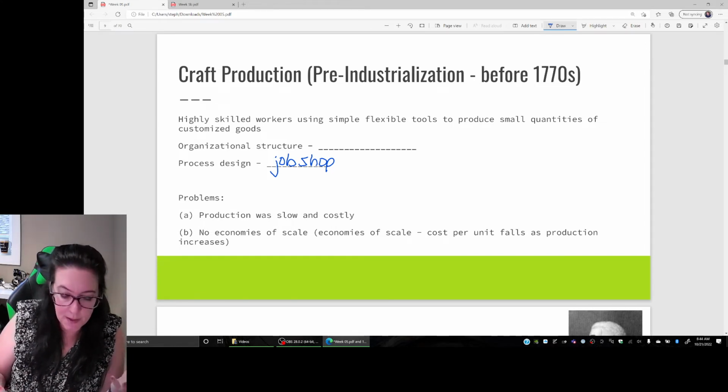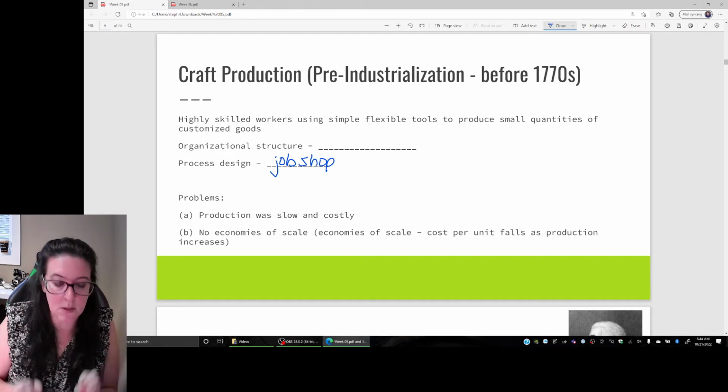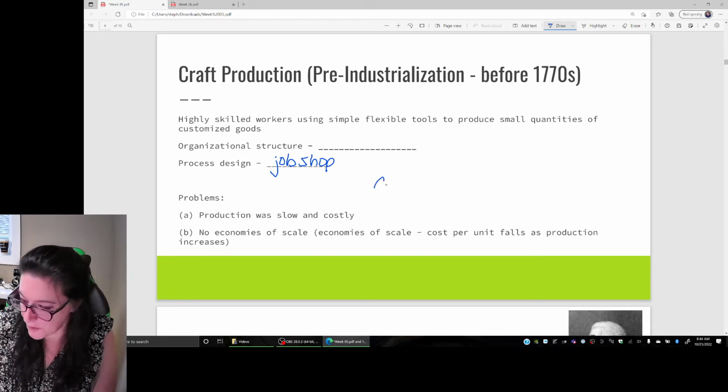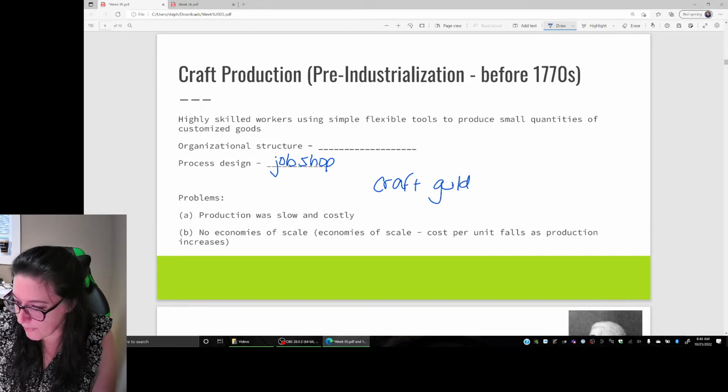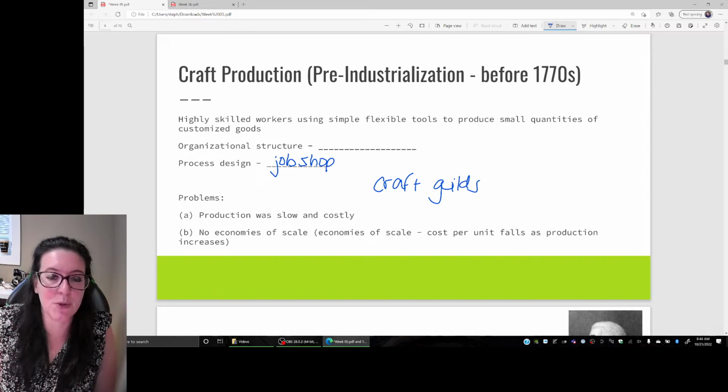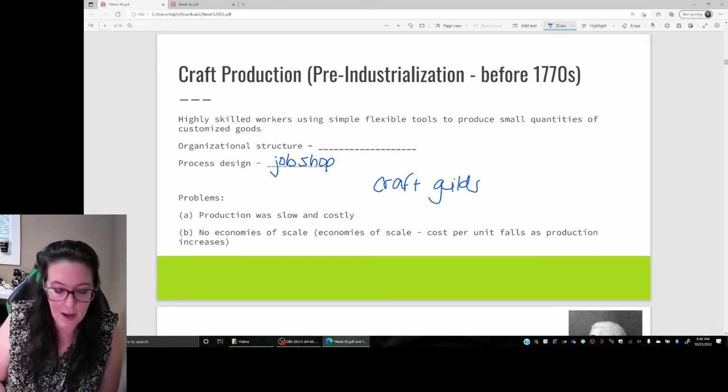Well, during this period of craft production, what we have in terms of businesses are the government, religious institutions, and craft guilds. So if we look at how a craft guild operates, we have a master, so someone who is the expert, an expert tailor, and then we have a journeyman.